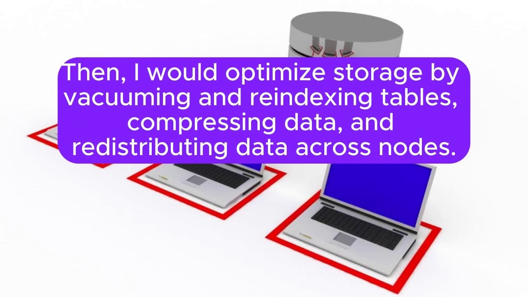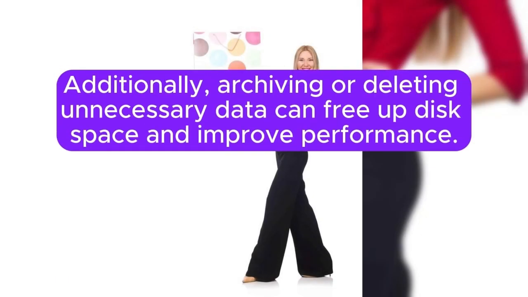Then, I would optimize storage by vacuuming and reindexing tables, compressing data, and redistributing data across nodes. Additionally, archiving or deleting unnecessary data can free up disk space and improve performance.